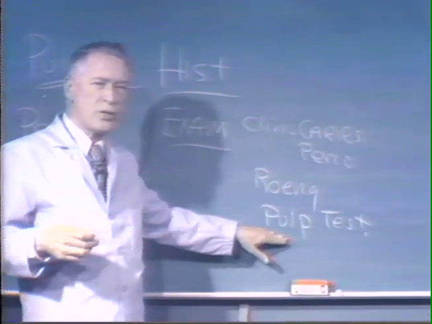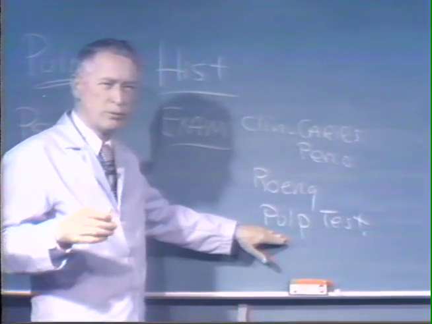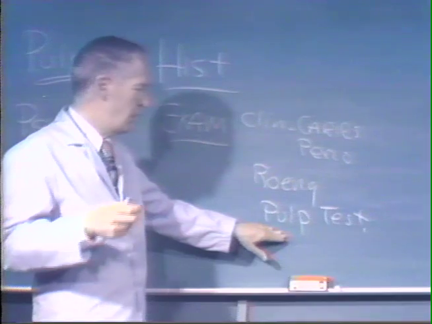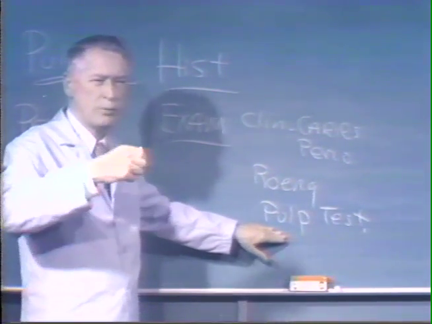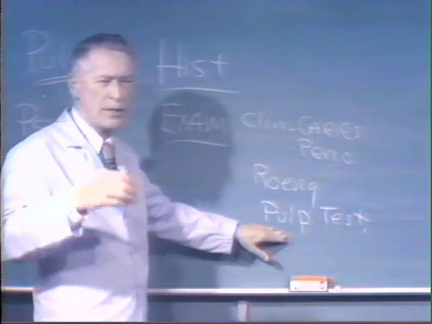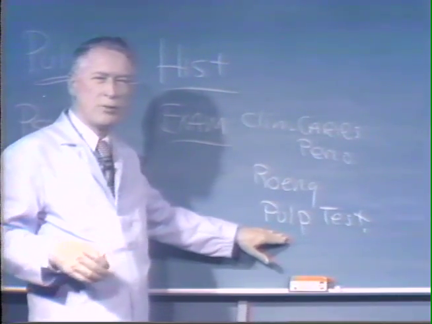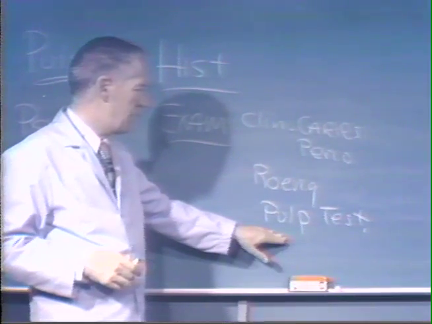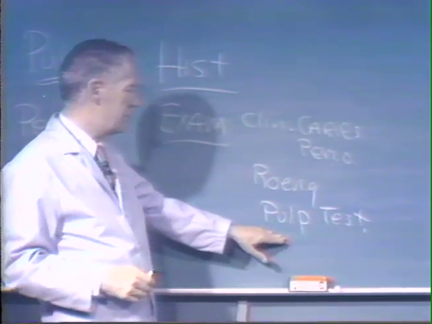The type of reaction that has to do with the continuation of discomfort when you've stimulated a tooth electrically or thermally, when you have removed the irritant, remove the electric pulp tester, remove the ice, remove the heat. If the pain persists for a matter of seconds instead of stopping immediately, then of course you realize you're dealing with a pulp situation that's not vital, not healthy. You may have some vital tissues in it, but it's under the process of degenerative change.